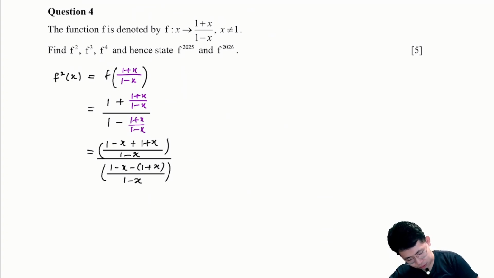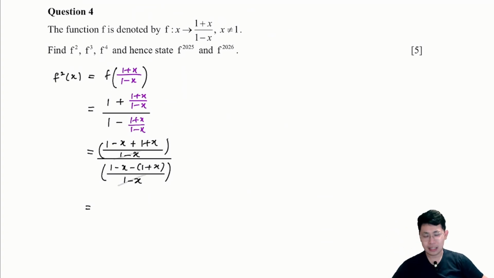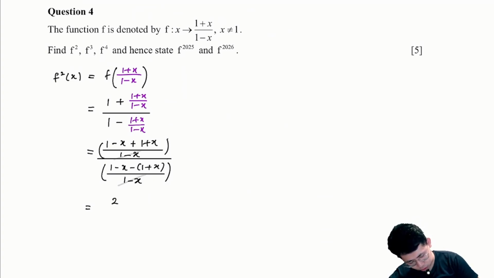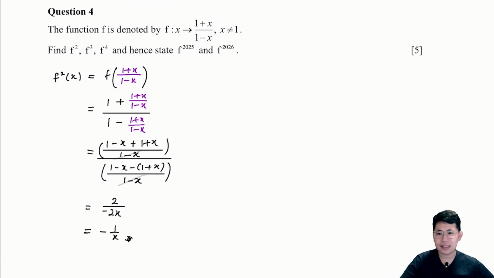We have a fraction upon fraction, so this roughly tells us that the denominators will cancel out. Let's simplify what's going on up here. We are going to have 2 on top, and minus 2x below. So this is going to be negative 1 over x as f square x.